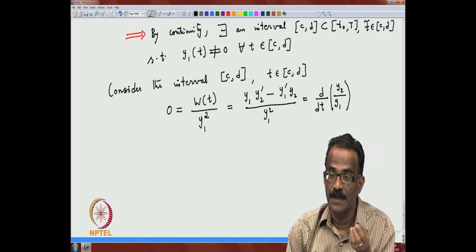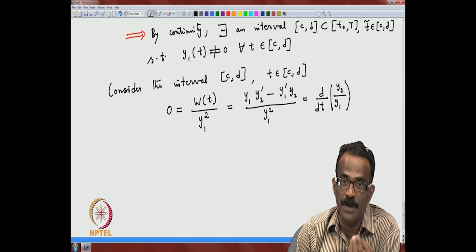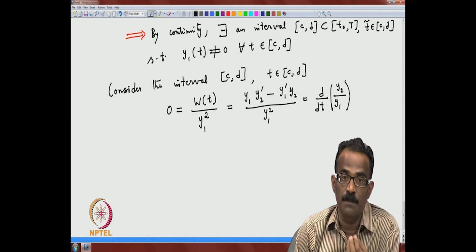This is why we need an interval: claiming d by dt is 0 at just one point is not enough, we have to claim it in an interval.